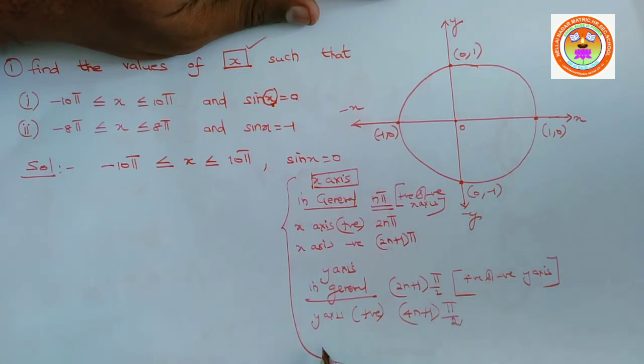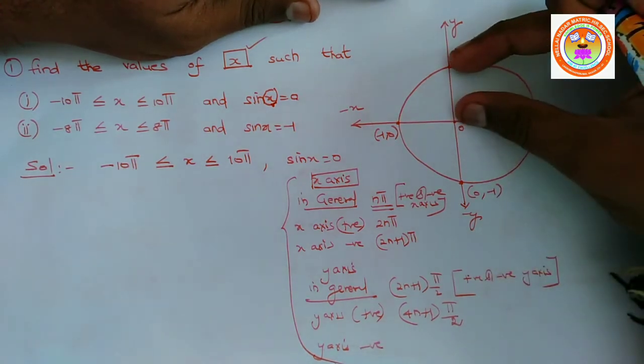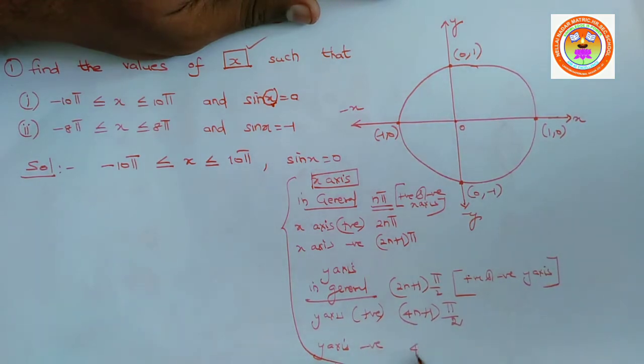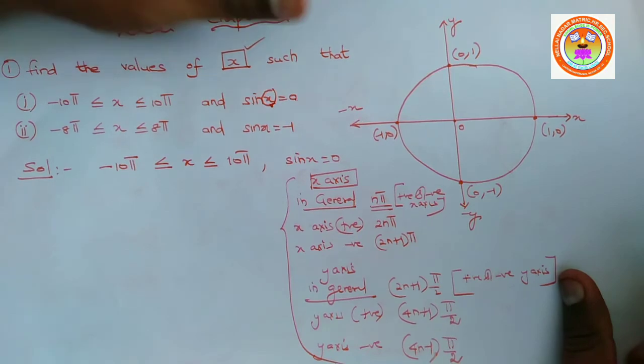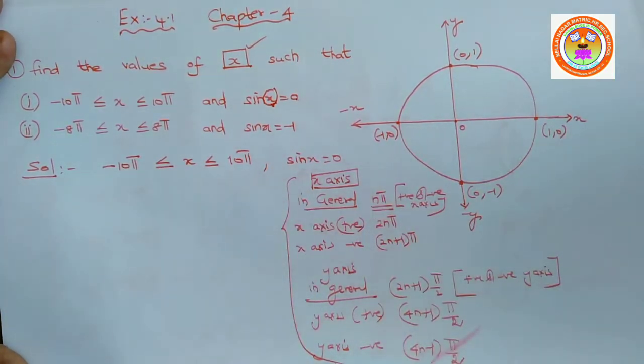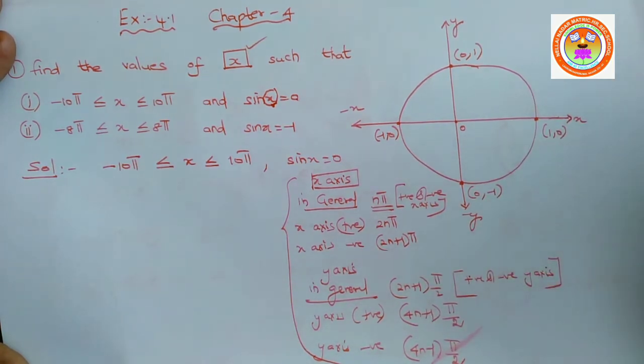For the y-axis negative, it is 4n minus 1 pi by 2, where n belongs to Z. I am going to use this one and this one to do this first sum. Very easy. If you go through the introduction very thoroughly, then it will be very easy.